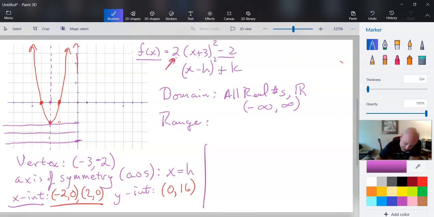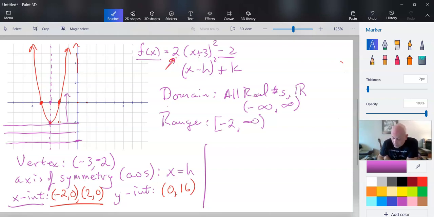Okay, and then once I hit -2, I can hit every y value above that because it just goes on to infinity. So that means that the range starts at -2. It includes -2. So when it includes the value, you put a square bracket, and then it has every other value up to infinity. And infinities always get round brackets because you can't actually have a value of infinity.